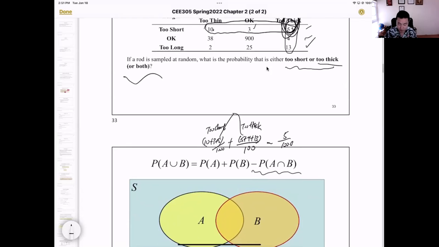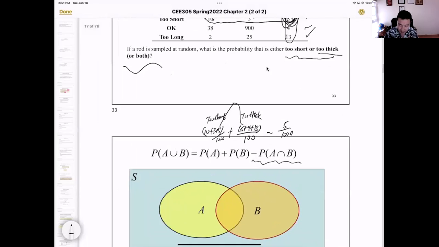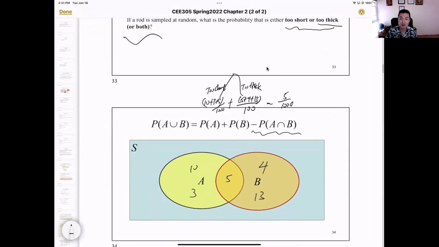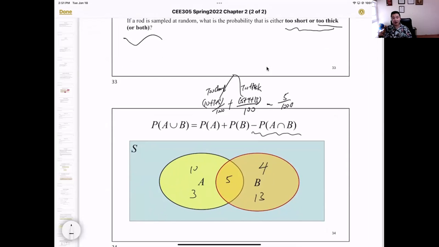If we put this in the diagram, A includes 10, 3, and 5, and B includes 5, 4, and 13. So from here it's very clear why for P(A or B) we need to use this equation and subtract that intersection, because we counted it twice.